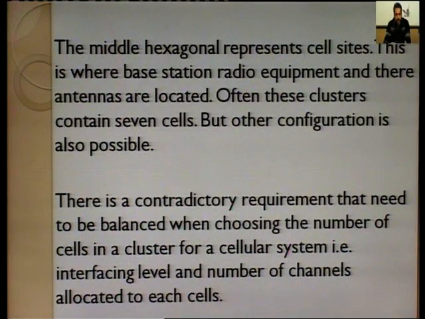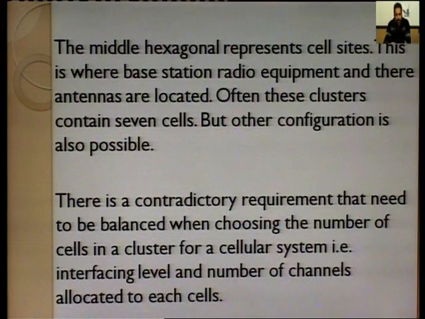Often these clusters contain 7 cells, but other configurations are also possible, meaning there is a possibility of other values of n. Now, there are contradictory requirements that need to be balanced when choosing the number of cells in a cluster for a cellular system, meaning there is no clear-cut method or formula to decide the number of cells in a cluster.